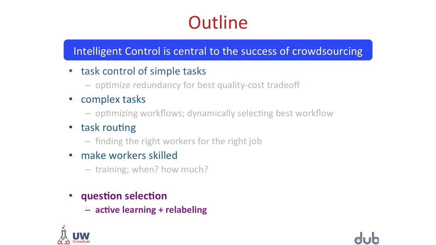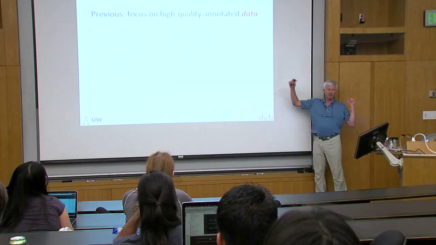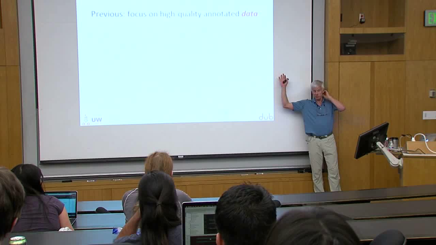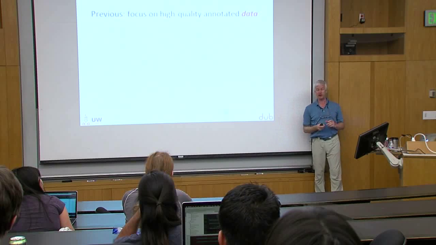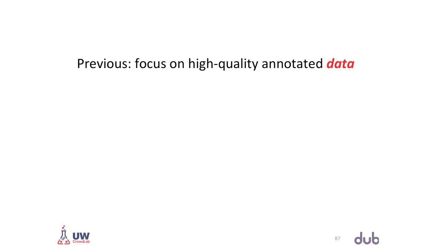The final thing I want to talk about is question selection in the context of active learning. Typically, what people who are using crowdsourcing to generate training data do is they try to get really high quality training data. And I've argued actually that that's a good thing.